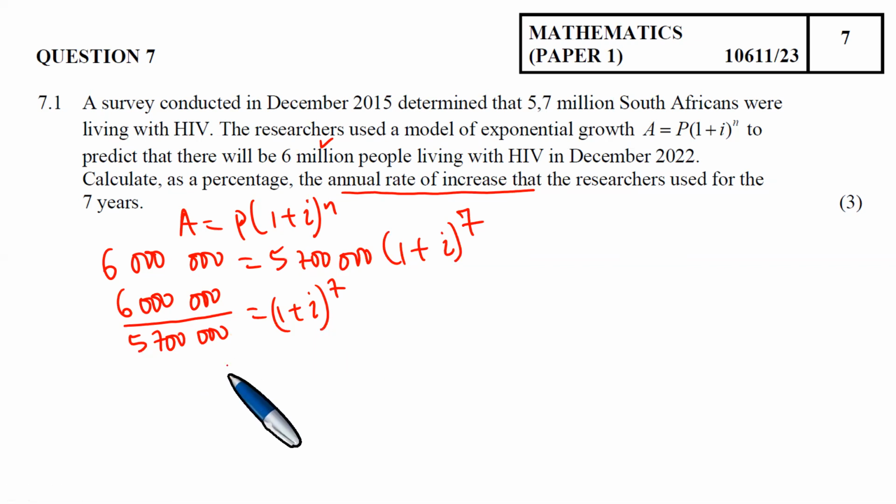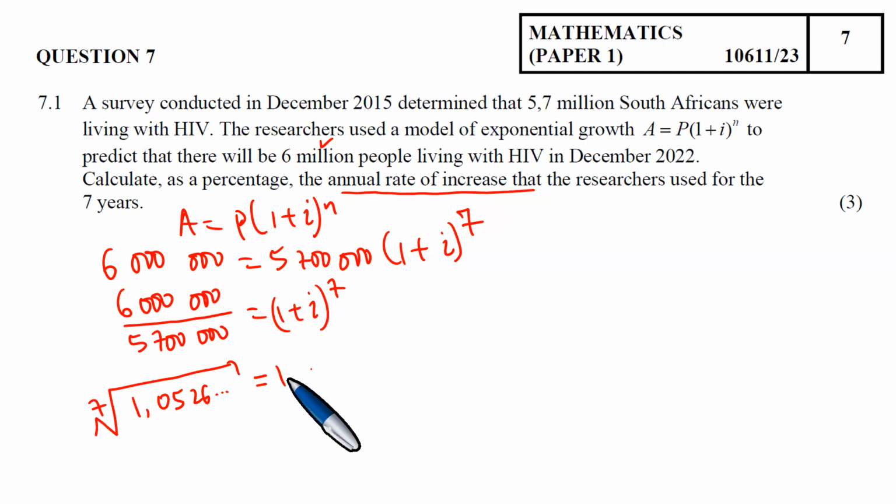Or you have the 7th root. If you divide 6 million by 5.7 million, you have 1.0526 decimals, which is 1 plus i.